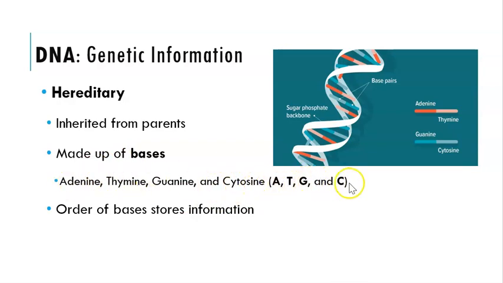Just know A, T, G, and C for this class. And know that A always bonds to T and G bonds to C. And that's really all you need to know about these base pairs, we call them. And the order of these base pairs determines the information that's stored on them.